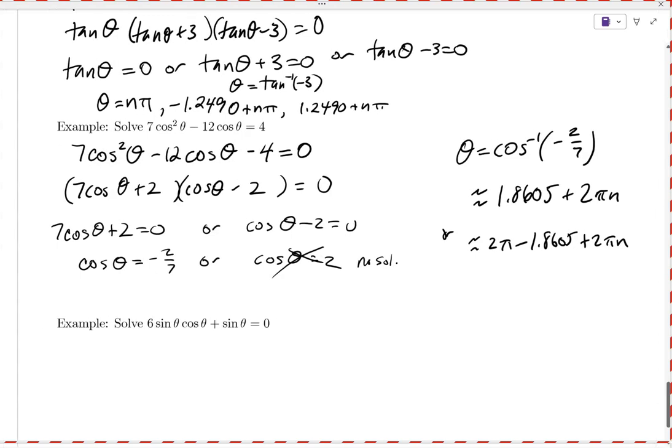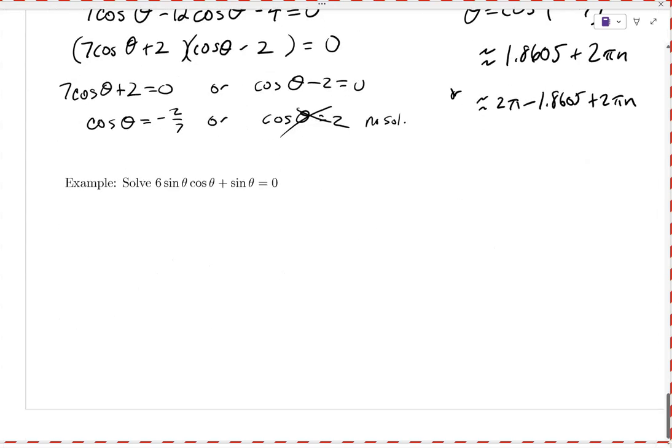Looking at this last one here, it's already set equal to 0. What would you do first? Yeah, factor out a sine, right? When you factor out the sine theta, you're left with 6 cosine theta plus 1.